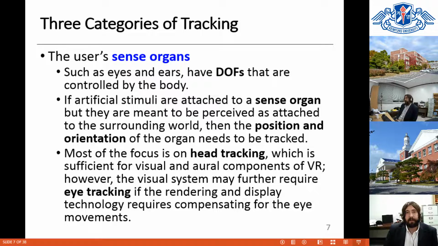So if artificial stimuli are attached to these organs, then the position and orientation of the organ needs to and can be tracked. Most of the focus, of course, is on head tracking, which is sufficient for visual and aural components of VR systems. However, the visual system may further require eye tracking if the rendering and display technology requires compensating for eye movements.